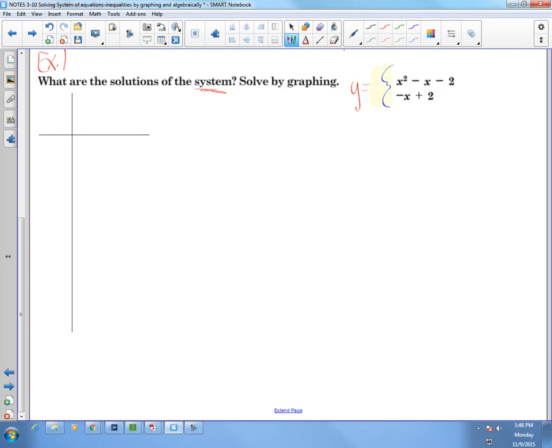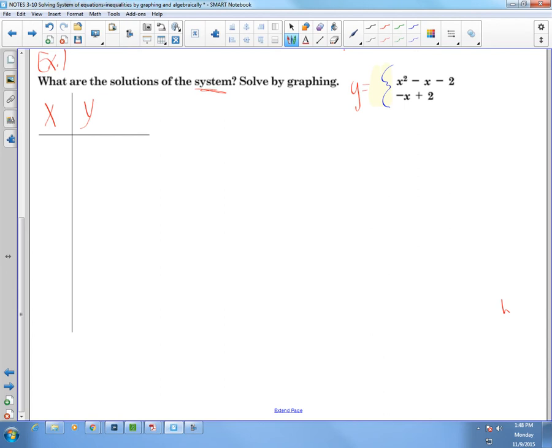For X and Y. Now when we're looking for a solution, the first equation, can anyone tell me what type of graph the first equation will look like? The first equation, y equals x squared minus x minus 2. What would that graph look like?